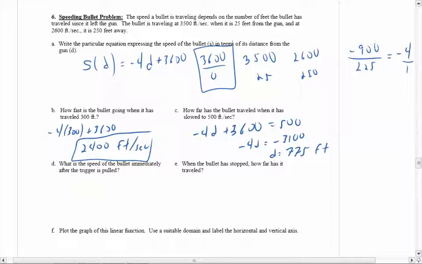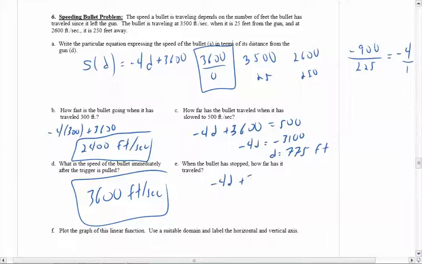What is the speed of the bullet immediately when it's triggered? Well, it's 3600. I know that because at time 0, or at distance 0, that's what's going to give me 3600. When the bullet has stopped, how far has it traveled? Well, I want to know when this thing is 0. So I set this all equal to 0, and you end up getting negative 4d plus 3600 equals 0.